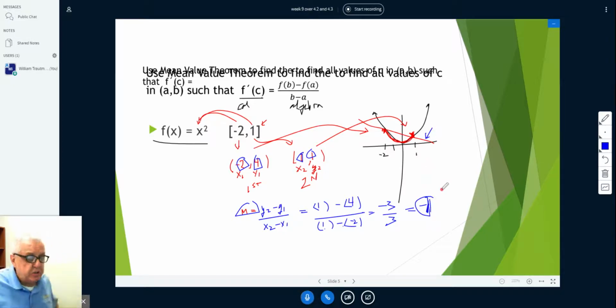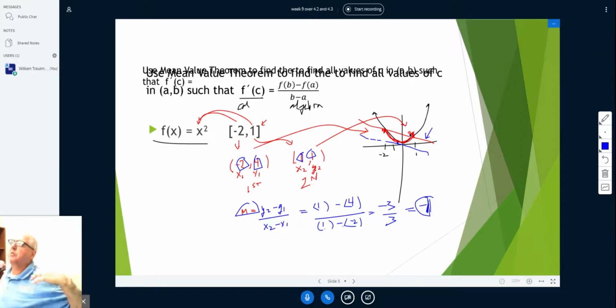I found the slope of those 2 points. At some point, I don't know where, I don't know how I can draw. I'm going to try to draw it like this. At some point, using calculus, I can find another slope between those 2 x values that has the same slope as -1. But I could only use 1 point because we're talking about a tangent line.